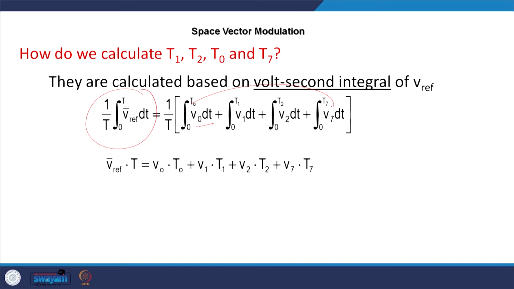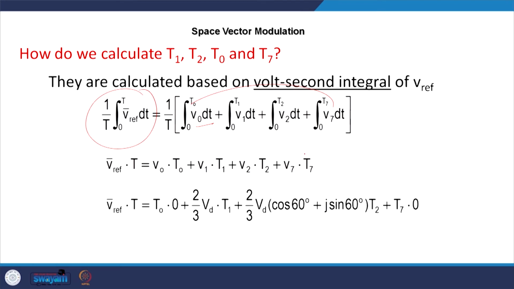Ultimately, if you remove the integration sign from both sides, V reference into T equals V0 into T0 plus V1 into T1 plus V2 into T2 plus V7 into T7.